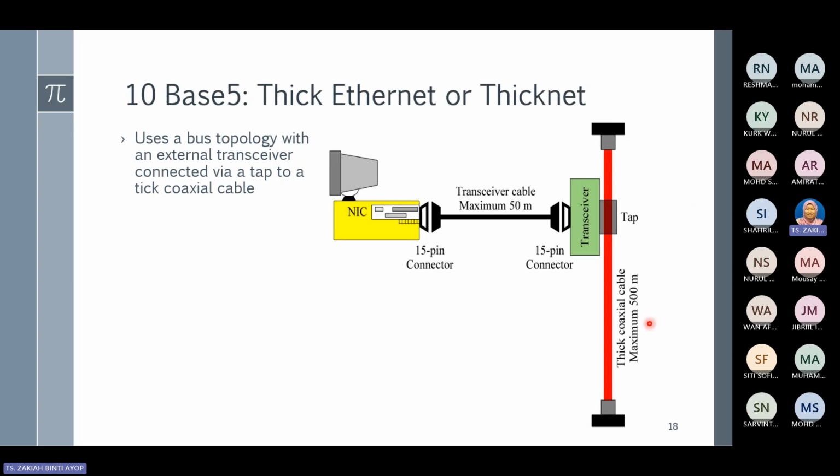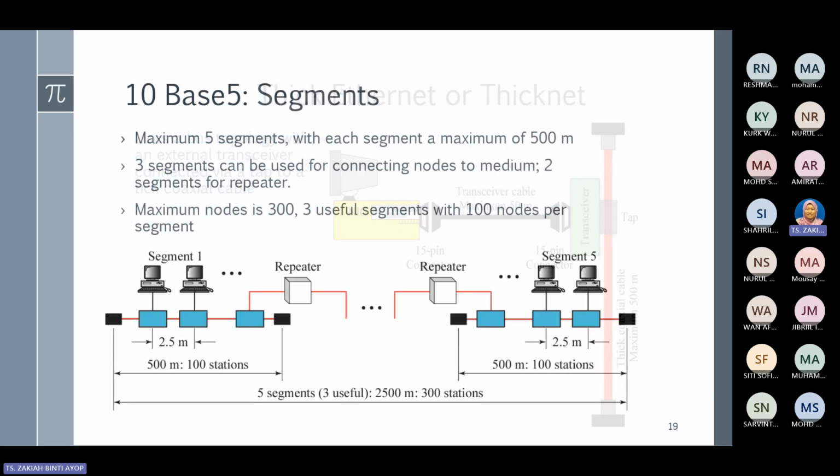For the transceiver cable, the maximum must be 50 meters, and for the backbone the maximum is 500 meters. A maximum of 5 segments can be created using 10Base5, with each segment a maximum of 500 meters.